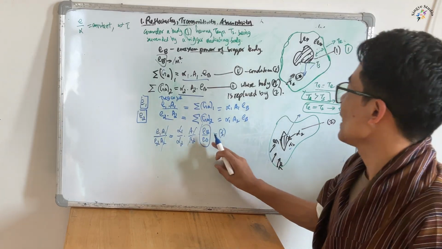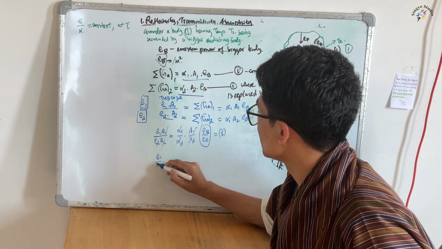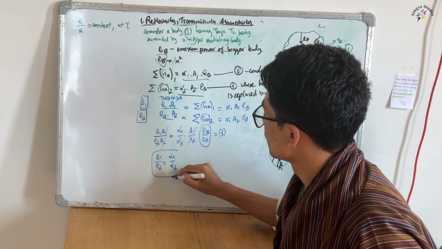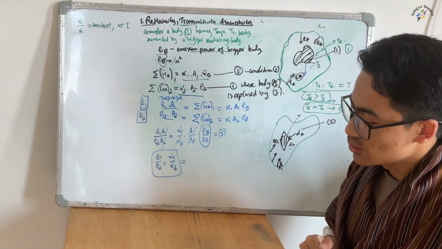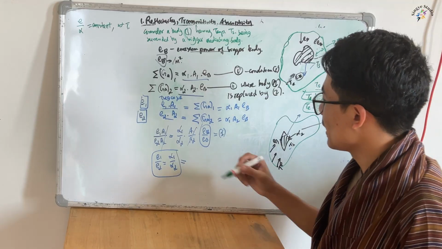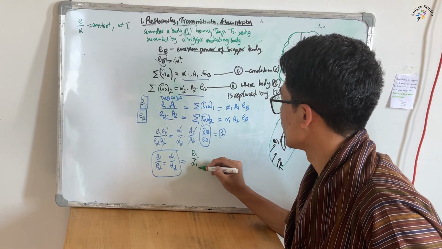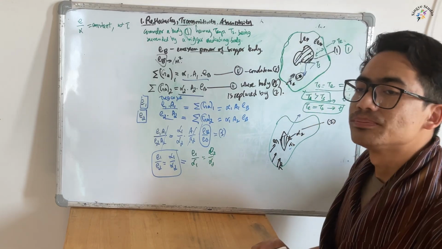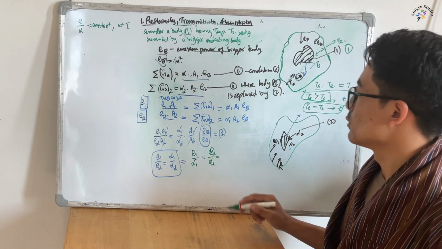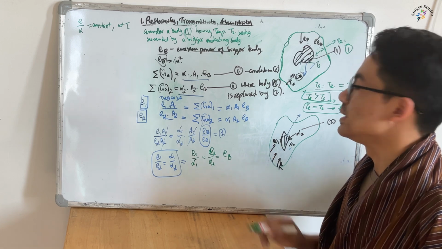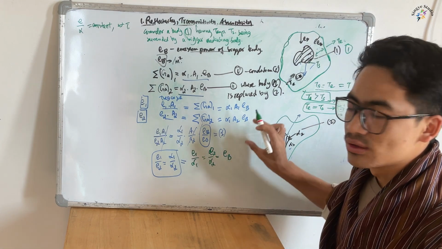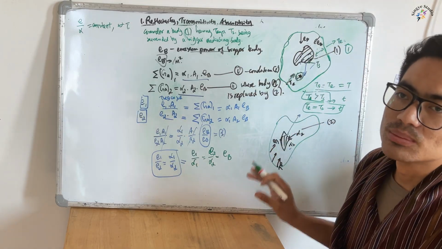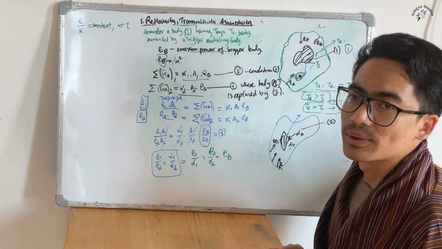So I get E1 by E2 equals alpha 1 by alpha 2. And I can rearrange this to get the final equation, which is E1 by alpha 1 equals E2 by alpha 2, which equals a constant, which is EB. The constant is actually the emissive power of the radiating body, the bigger radiating body in the surroundings.